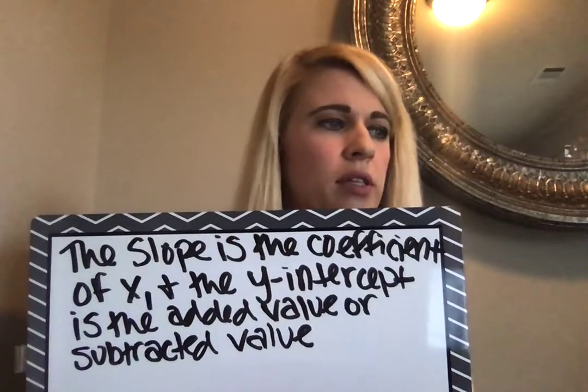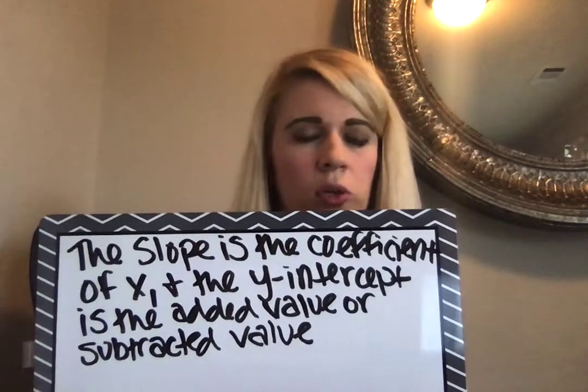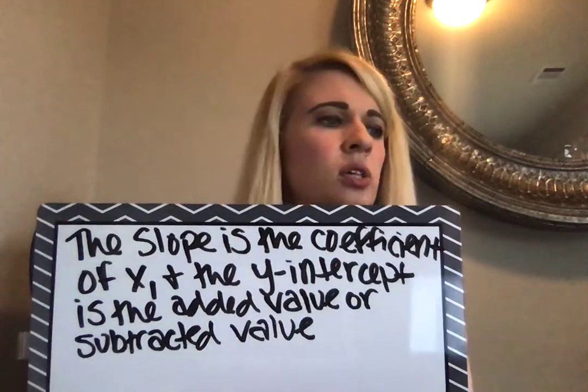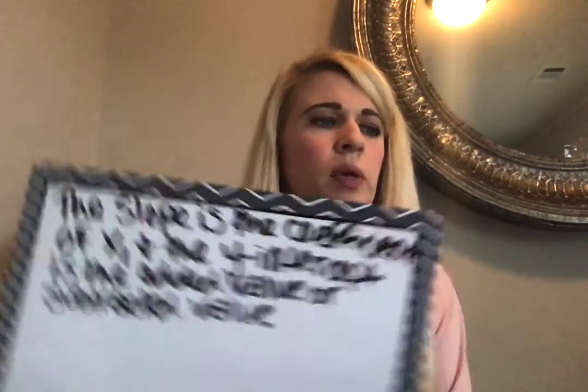Then we're going to move on to where it says non-proportional equations. It says non-proportional equations will be written in the form of, well, we know this, this is what we've been doing: Y equals mx plus b, where m is the slope and b is the y-intercept.